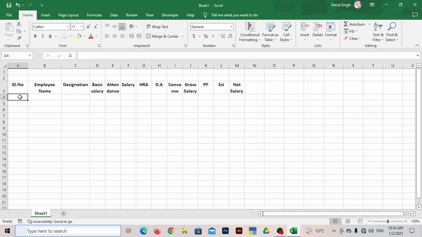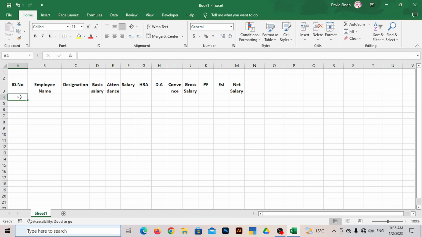Here comes the next and foremost topic. Why do we have to provide an ID number to the employee? Because in a company there are many persons with the same name, such as Rahul, two or three people.